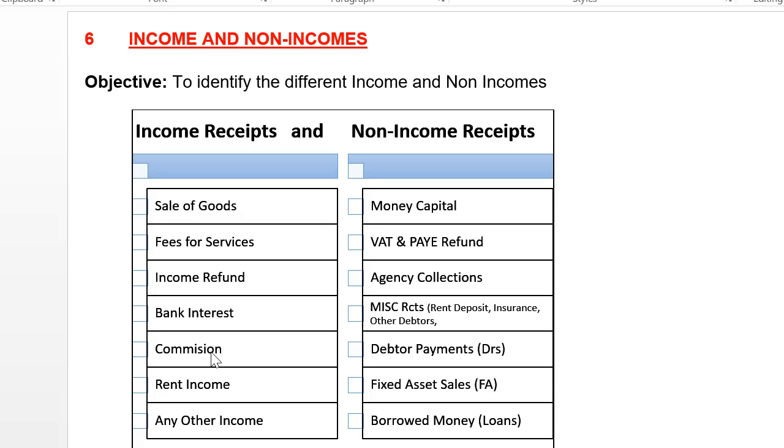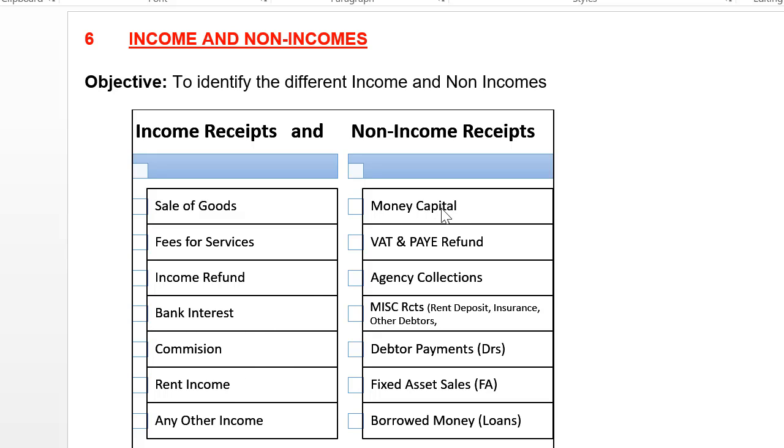And then we have rent income, which is received from renting out part of the premises of the business. And then any income that doesn't fall in these categories ideally should be classified under any other income.